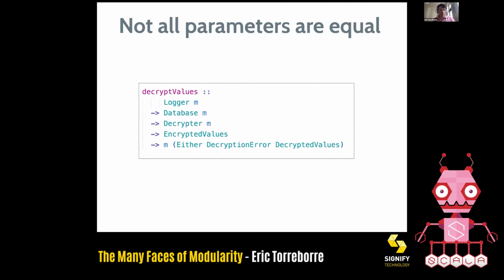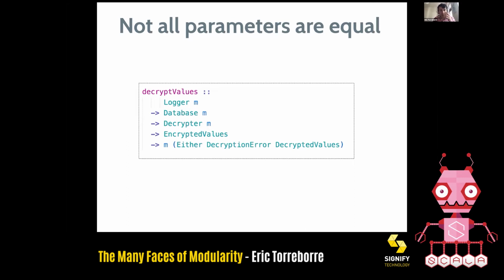It's not very performant. So I'm going to cache some of the results in my database so I can be faster in retrieving some results right away, the stuff that has already been decrypted. And of course, I need some decrypting capabilities, some cryptographic capabilities. So I need a logger, a database, a decryptor, and then I have my encrypted values and I can decrypt them and I get decrypted values and it's all good.